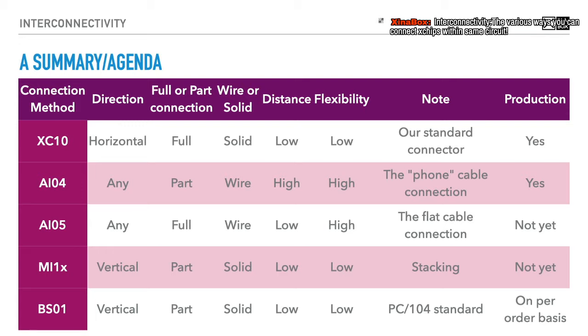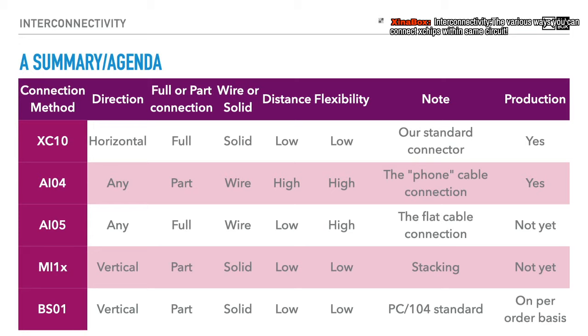The AI04 is the one that looks like a phone cable. It's not 100% a phone cable, so I put a couple of quote marks around it. Then the AI05 is a flat cable. The M1x series, because there's more than one xChip there, is stacking. That's the vertical plane.